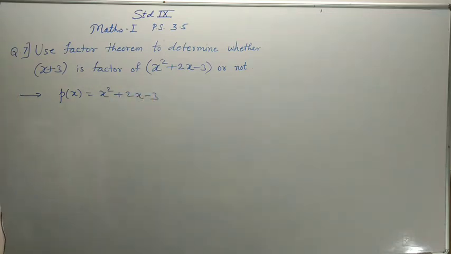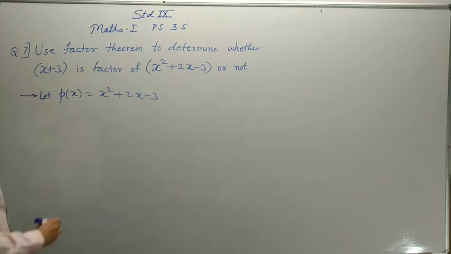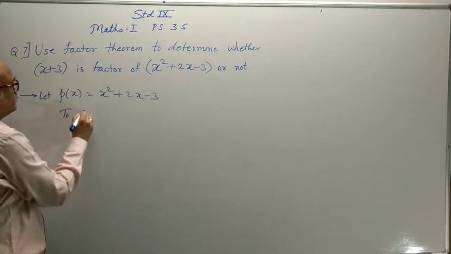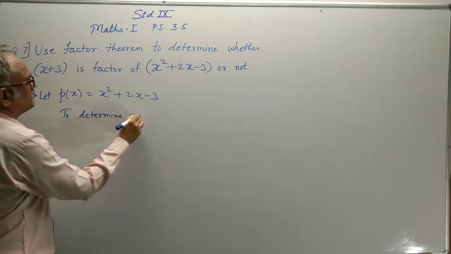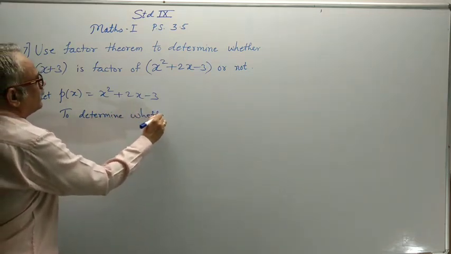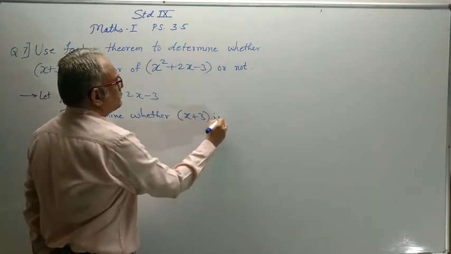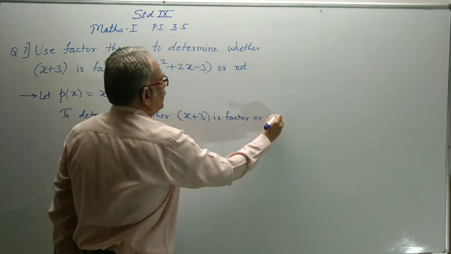Let p of x be equal to x square plus 2x minus 3. To determine whether x plus 3 is a factor or not, what should be calculated?